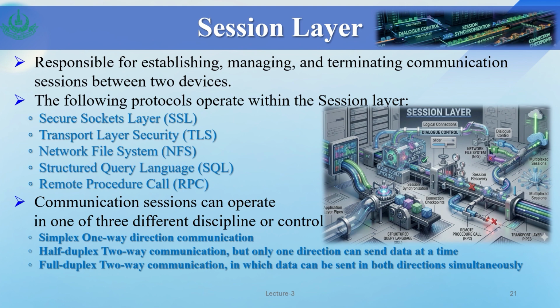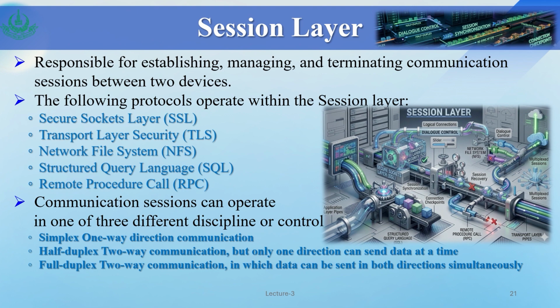A communication session can operate in one of three different disciplines or controls. Simplex communication, in which the communication is only one way, from system 1 to system 2. Half duplex has two-way communication, but only one direction can be used at a time.